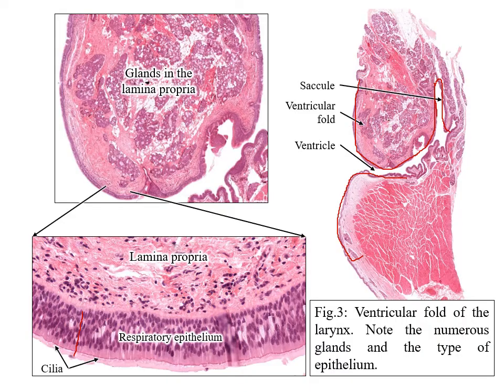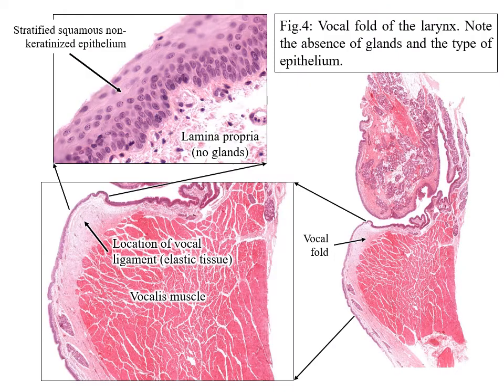If we look at the vocal fold, this is the vocal fold. Now it differs from the ventricular folds. First of all, the lining epithelium is a stratified squamous non-keratinized epithelium.